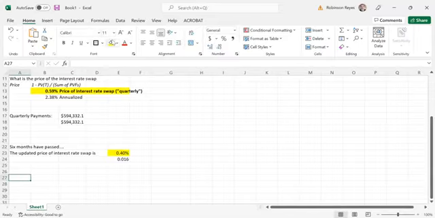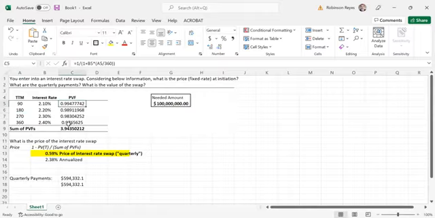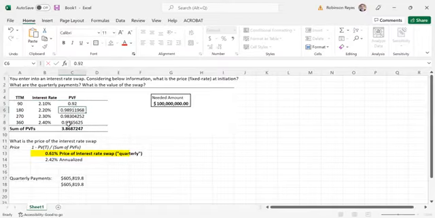And now, what happens here? If the updated price of interest rate swap is now 0.4, that means that this is the fixed rate that, when you do this calculation, the present value factors have all changed. You update them, like, oh, now it's 0.92, 0.91, 0.9, right?